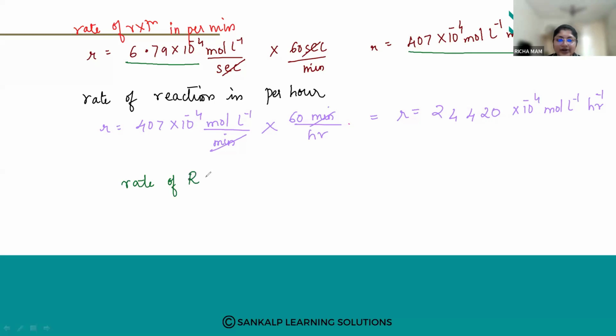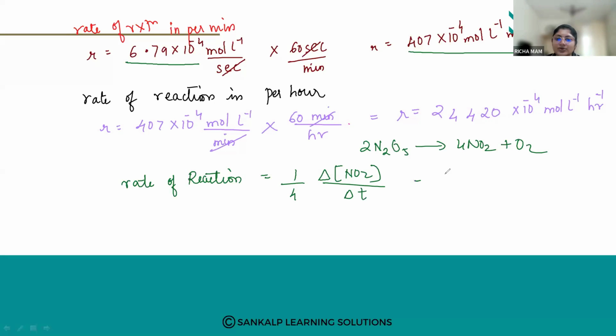Okay, NO2 is produced. So rate of reaction is equal to, remember the equation was 2N2O5 giving you 4NO2 plus O2. From this, it is 1 by 4 delta, change in concentration of NO2 by delta T, so it is minus 1 by 4.